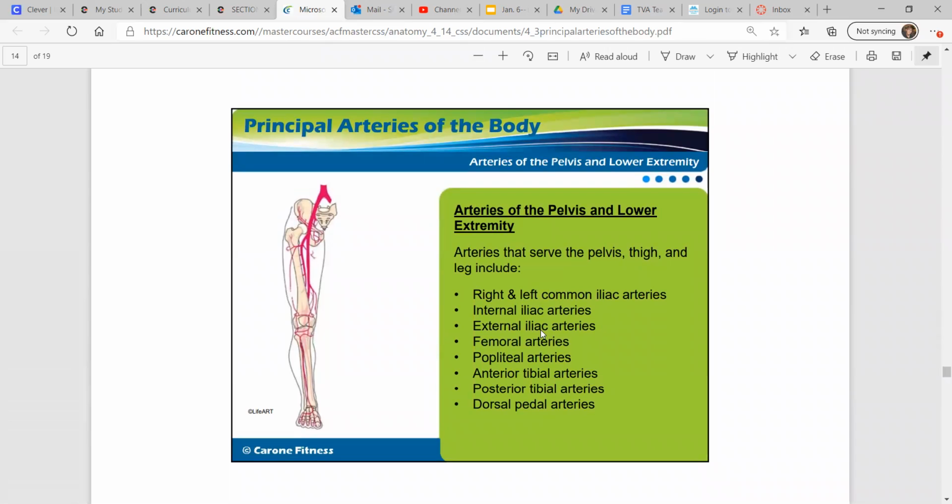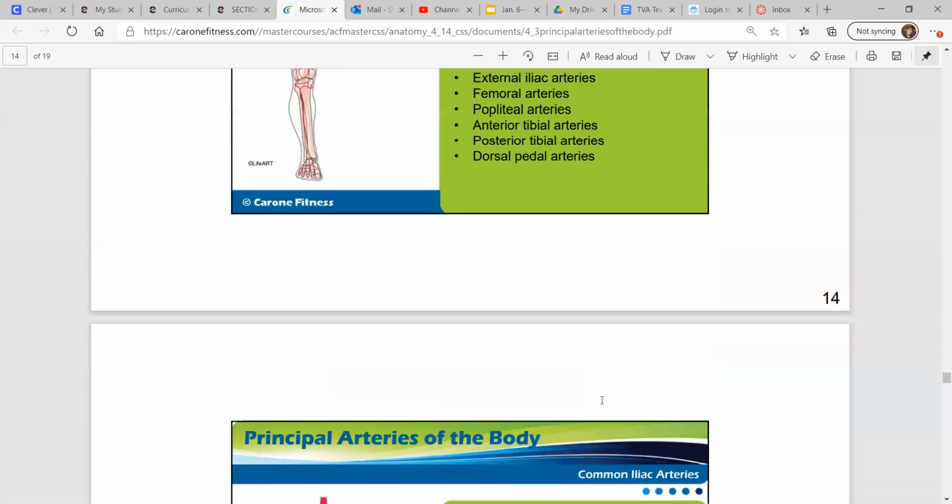Arteries of the pelvis and lower extremity, so pelvis and your leg, thigh, leg, pelvis region. We have the right and left common iliac arteries, internal and external iliac arteries, femoral arteries, and popliteal arteries, anterior tibial arteries, posterior tibial arteries, and dorsal pedal arteries.